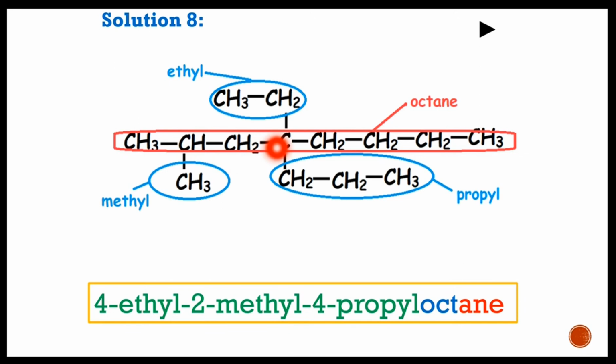You realize that when you count in this direction, we have smaller numbers for the locations of our substituents. So we go for that direction. Ethyl is 4, propyl is also on the 4th, and methyl is on the 2nd. So there you have it. The name is 4-ethyl, 2-methyl, 4-propyl octane. All right.